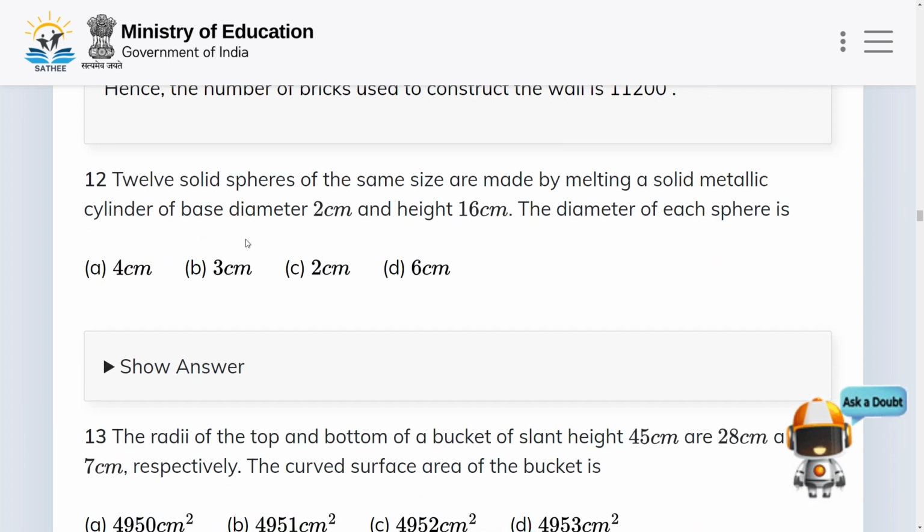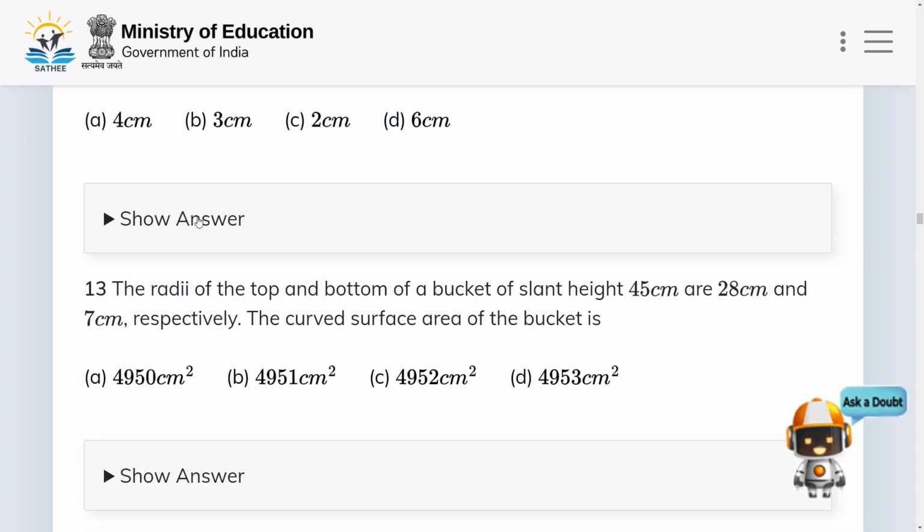In the next problem, we have 12 solid spheres of the same size made by melting a solid metallic cylinder of base diameter 2 cm and height 16 cm, and the diameter of each sphere is what? Let us solve this problem.